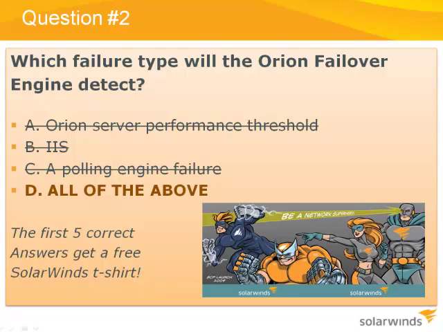Since the secondary box is in essence a clone, you don't have to purchase, let's say you have an SL2000 and a DL1000, two copies of each of those to protect them. You purchase an Orion SL2000 and an NCM DL1000, and then if you purchase an Orion failover engine for the two primary products, when it does the cloning procedure, it'll create the instance of Orion on the secondary server.